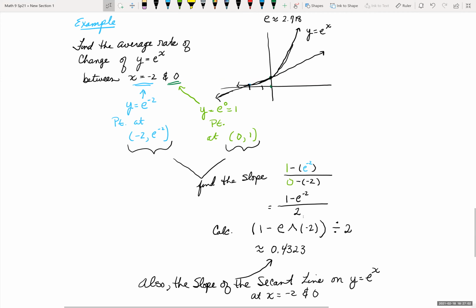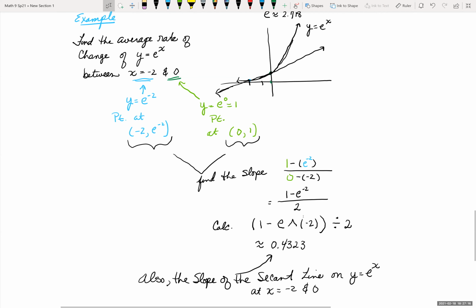So now let's say they wanted us to find the instantaneous rate of change at x equals 0. So let's look at the same example, but now let's look at the instantaneous rate of change.